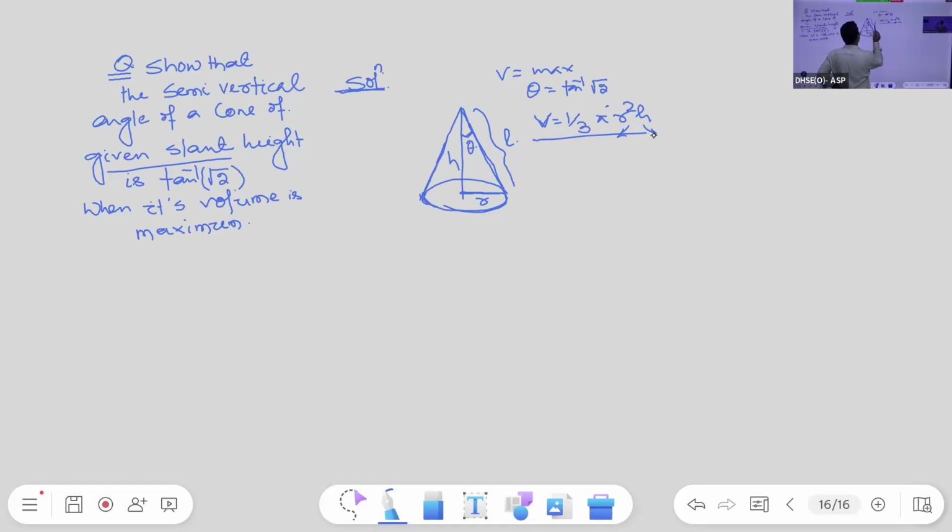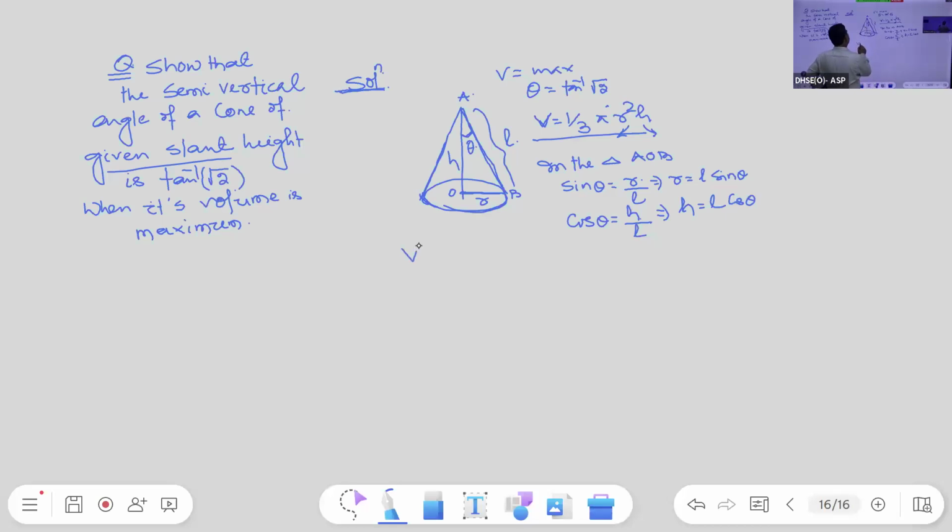You see, this is A, this is O, this is B. In the triangle AOB, sin theta equals r by L. This implies r is equal to L sin theta, and cos theta is equal to h by L. So h is equal to L cos theta.